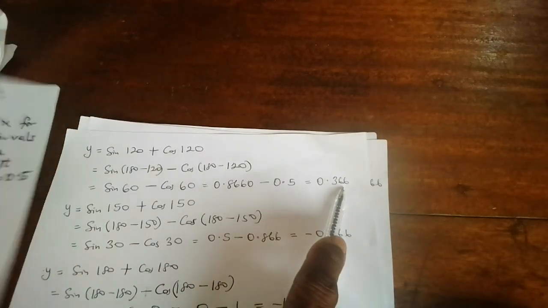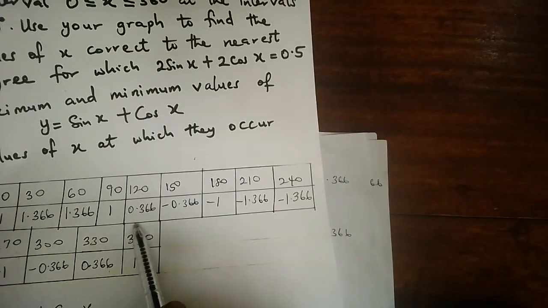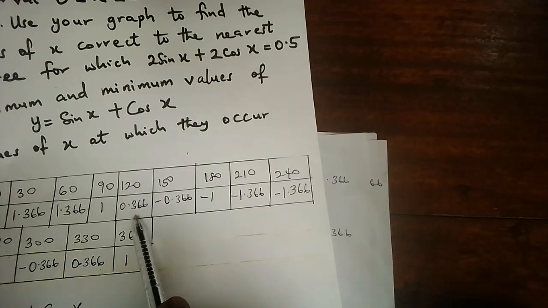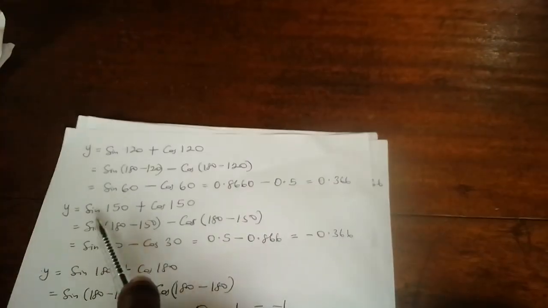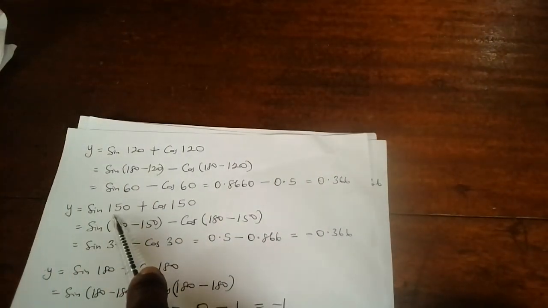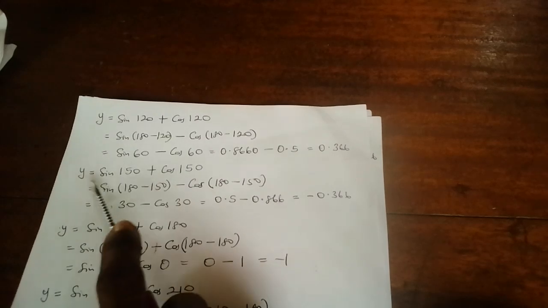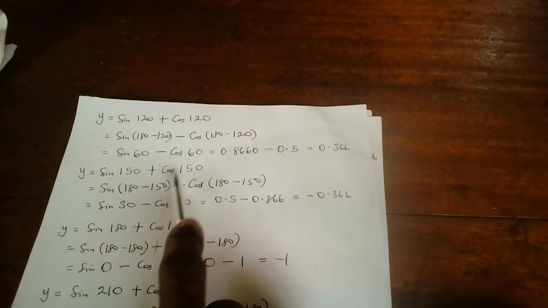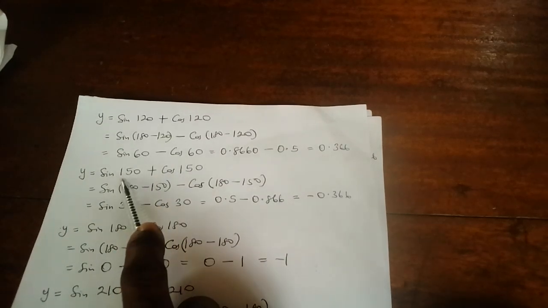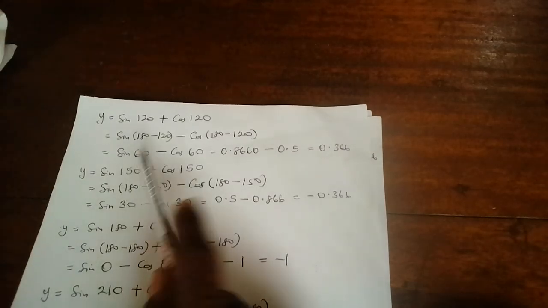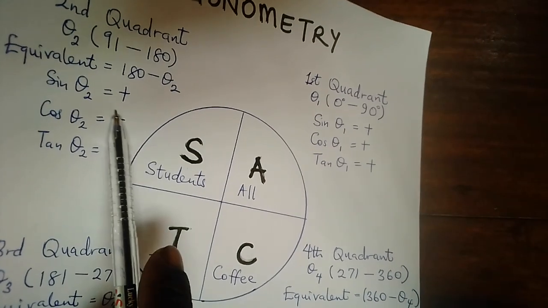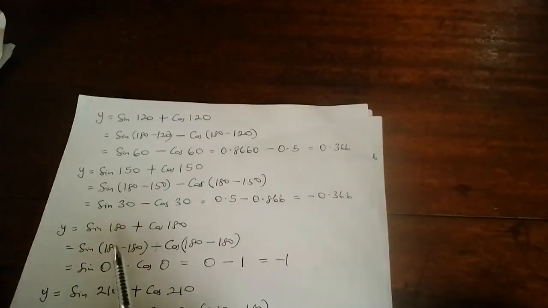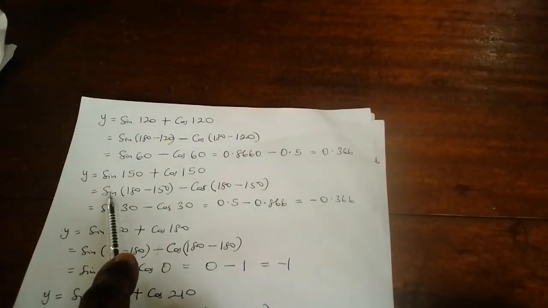So you substitute in the table. As you are calculating it, you will be substituting it in the table. So 0.366. Then when x is equal to 150, sine 150 plus cos 150. 150 is still in the second quadrant, and sine in the second quadrant is positive. So it will still remain plus sine.